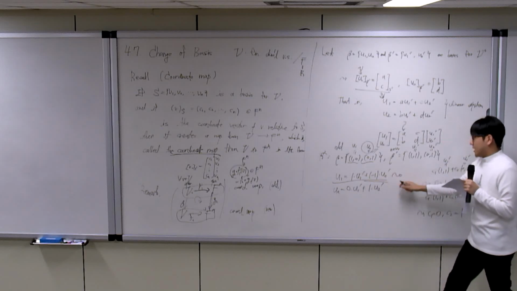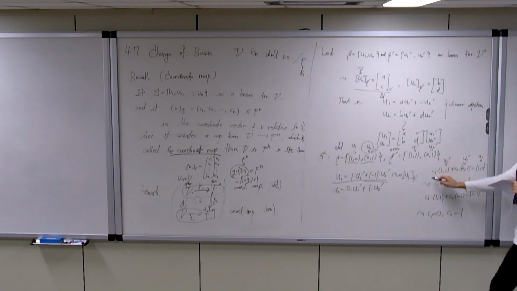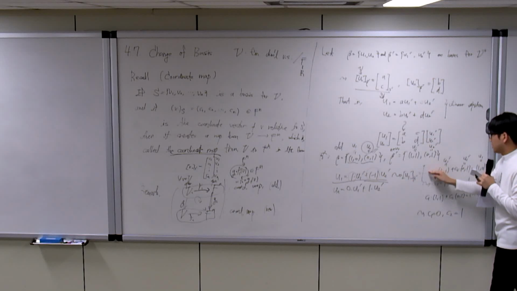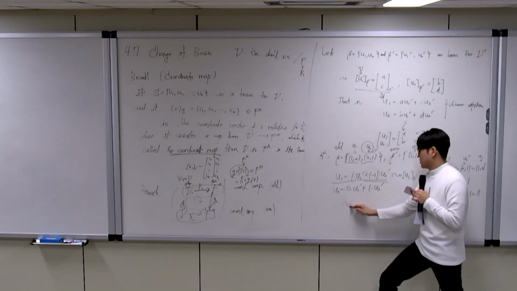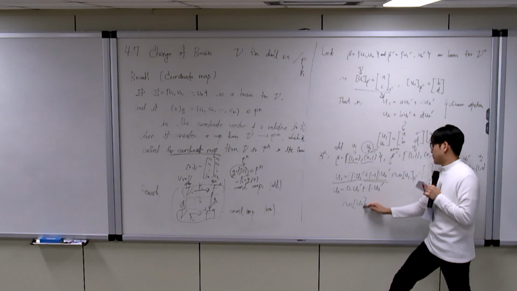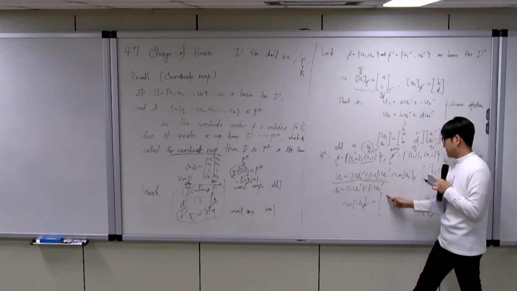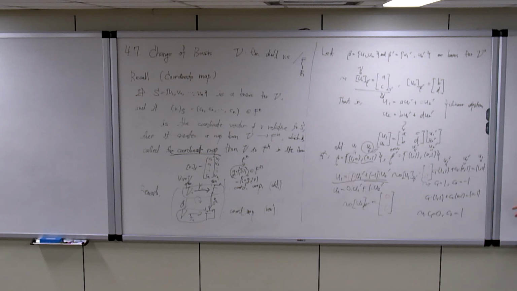So if you write the vector u1 under the basis beta prime, then the coordinate is 1 and minus 1, and in the same way, u2's beta prime expression is 0 and 1. Can you understand? A little.